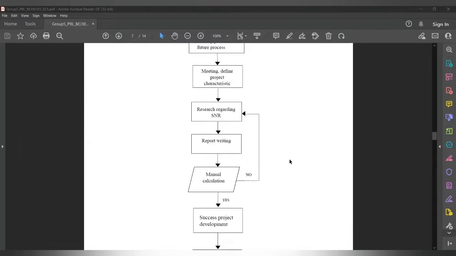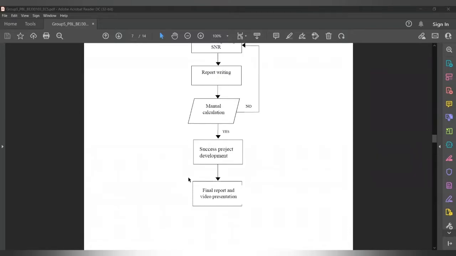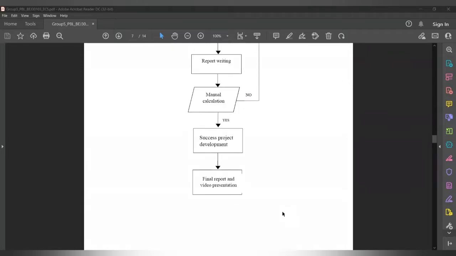The last process of our flowchart for our group PBL is we finalize the final report, compile everything, and do the video presentation. So that's all from my part. Thank you.